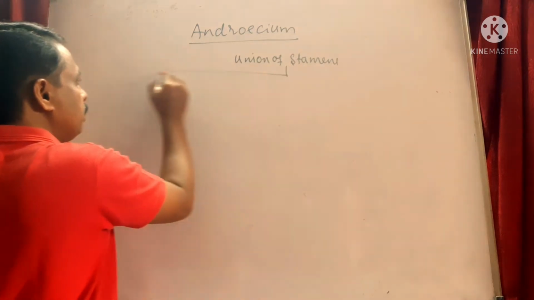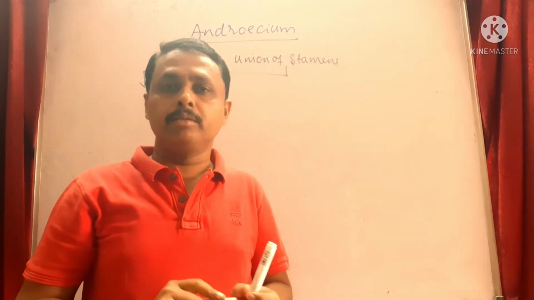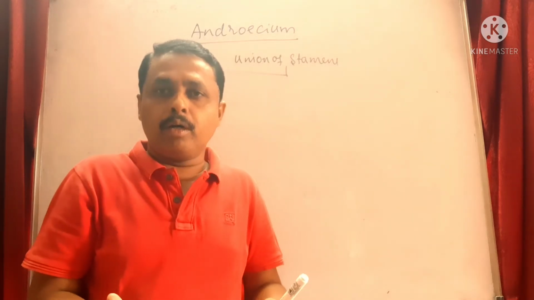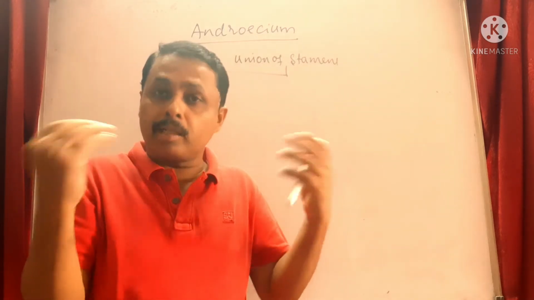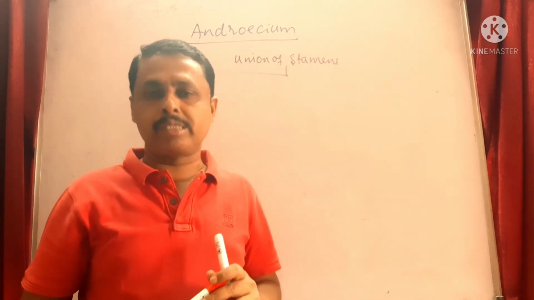Based on this union, it means the stamens are attached to the same floral organs or other floral organs of a flower. That is called union of stamens.